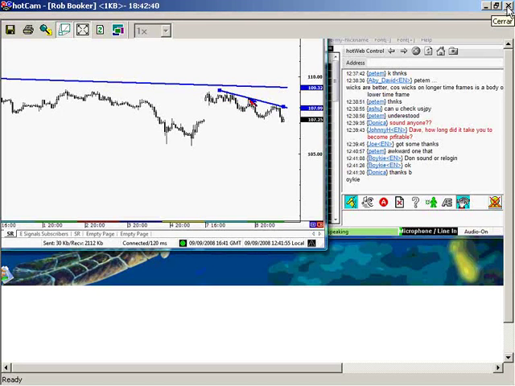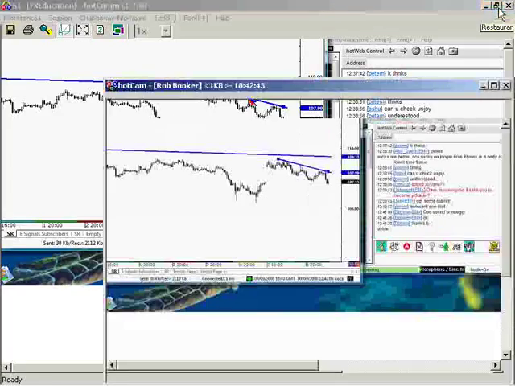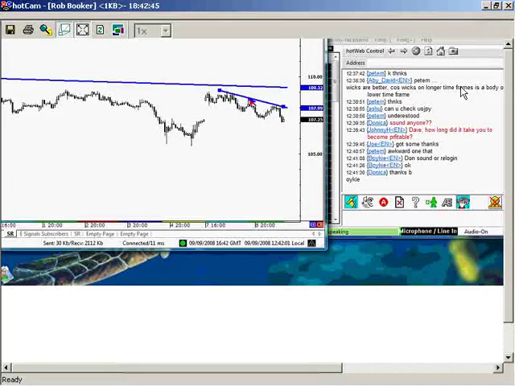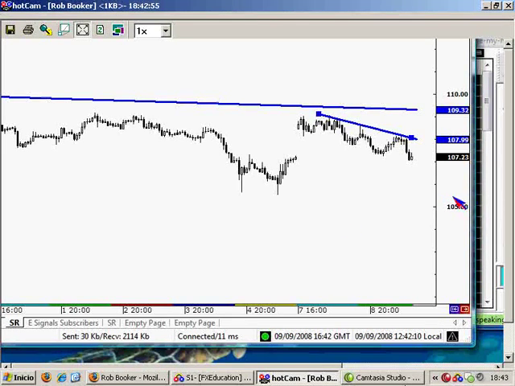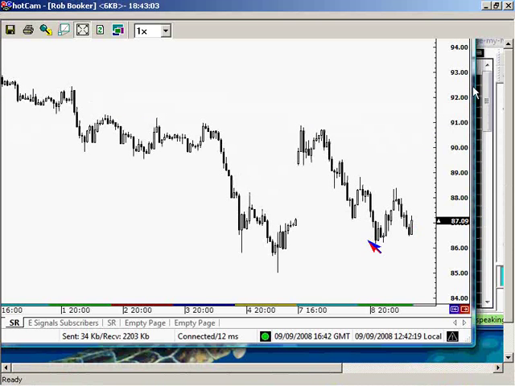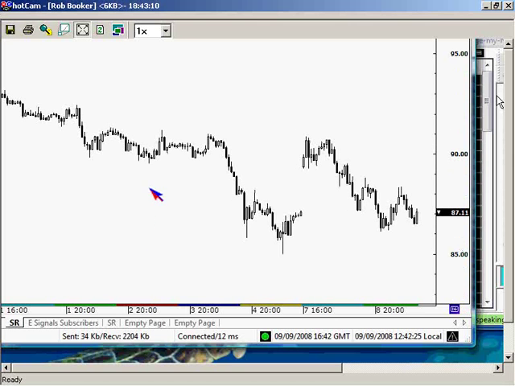Let's try though. Somebody mentioned that they wanted, was it the Australian yen? So let's take a look at that one. Yeah, this one looks much better to me.